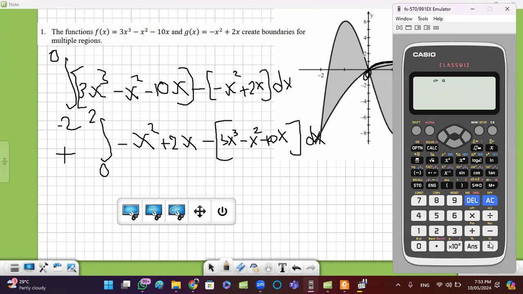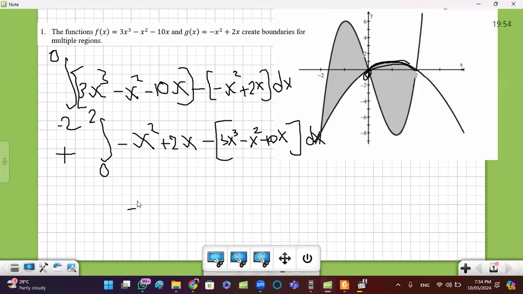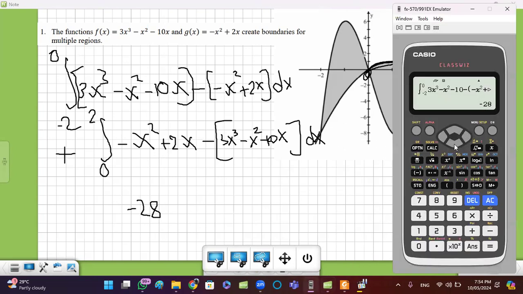I got negative 28. This is above. I've set it up well, correct?